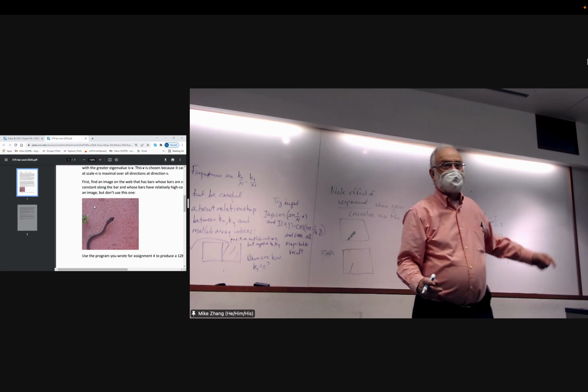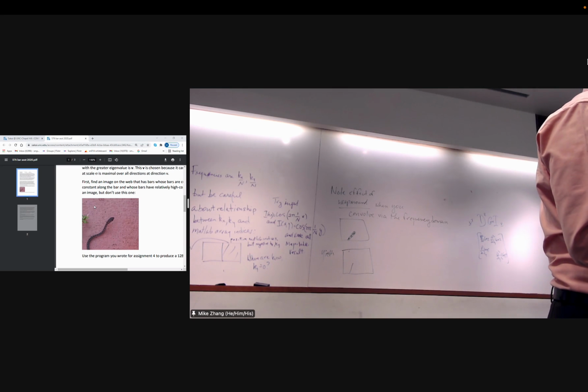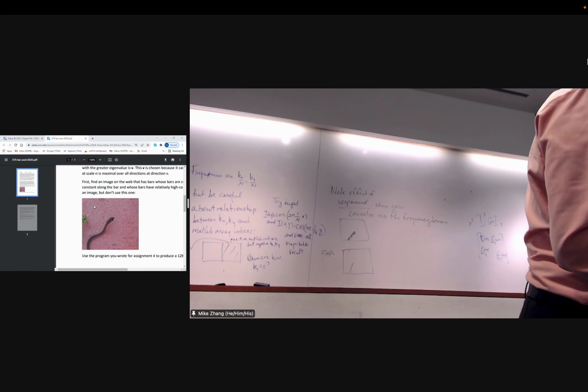And that's the matrix that you're going to do eigenanalysis on. And there's one of those for every single pixel. Each pixel has its own tensor.